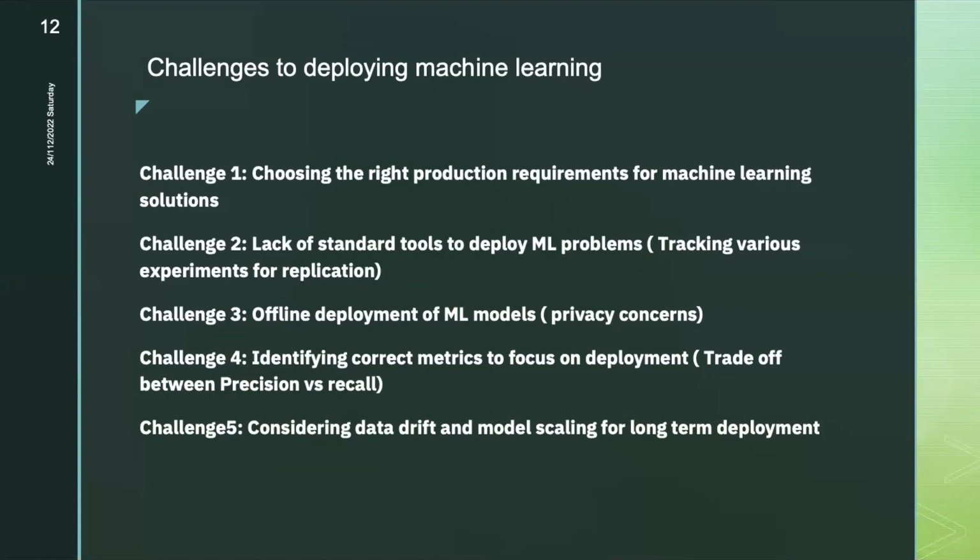But as those experiments keep on becoming more and more, the entire tracking and making sure that those experiments can be replicated becomes very difficult. So let's say we finalize a certain set of hyperparameters and go ahead with them, then the entire tracking process for it to actually get replicated becomes difficult.